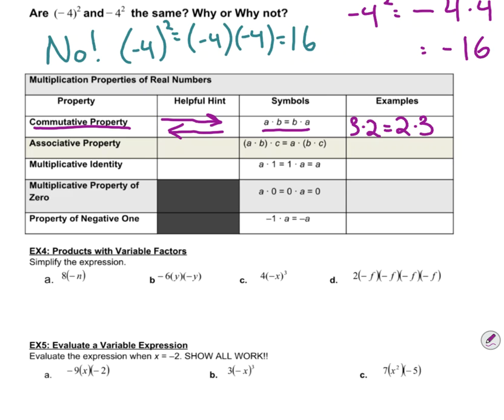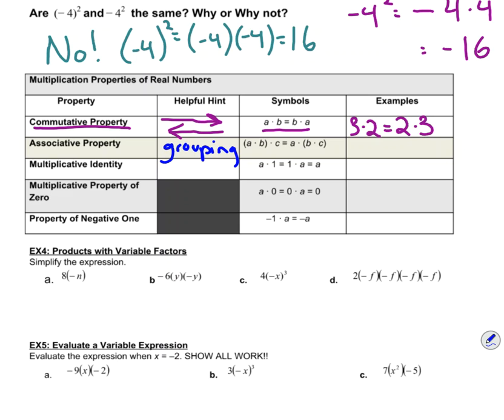The associative property, once again, to associate with someone means to be in their circle, to be in their group. So I think of grouping, which signals parentheses. And here, multiplying A and B first and then C is the same as saying A times multiplying B and C first. I'll have you guys come up with an example for that one.